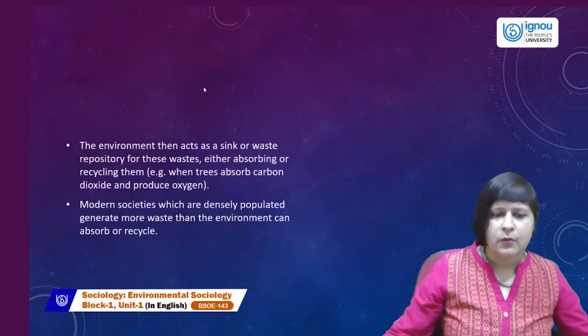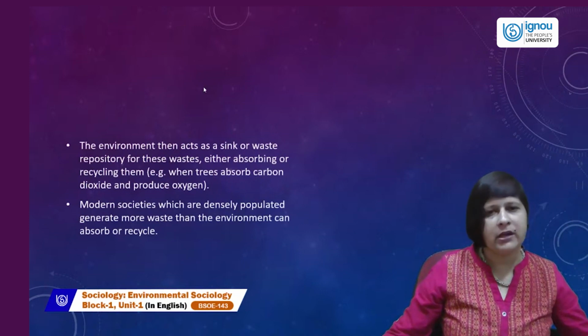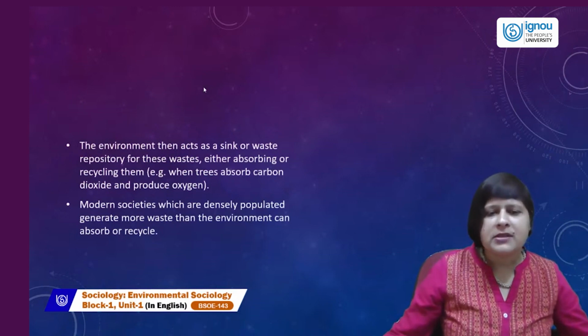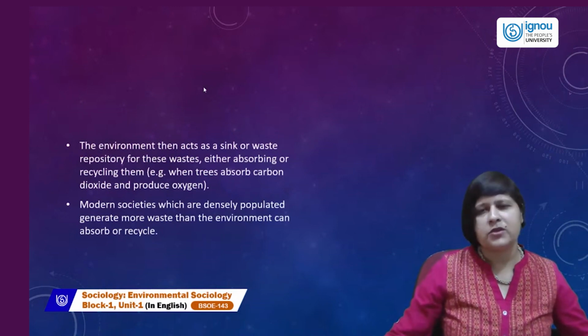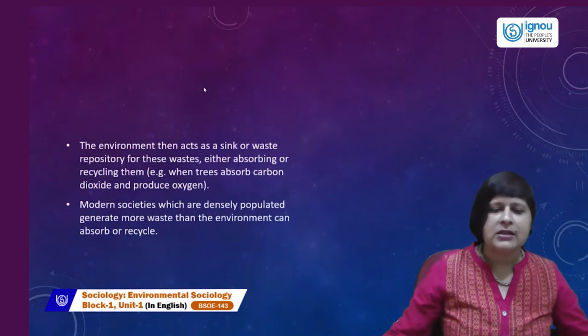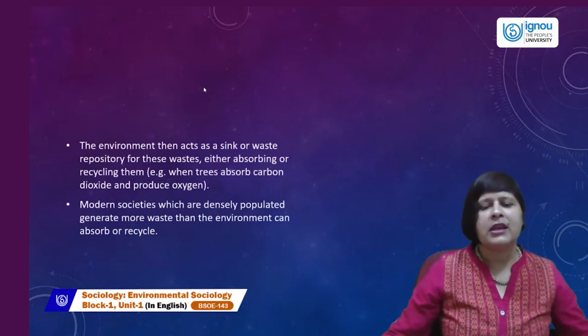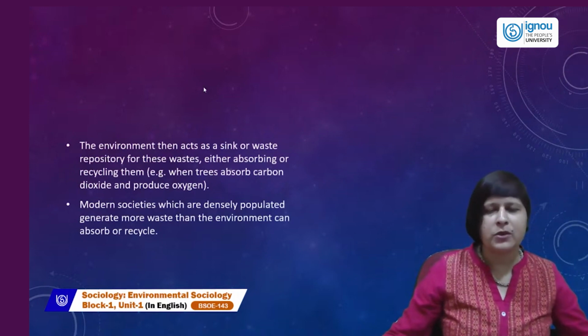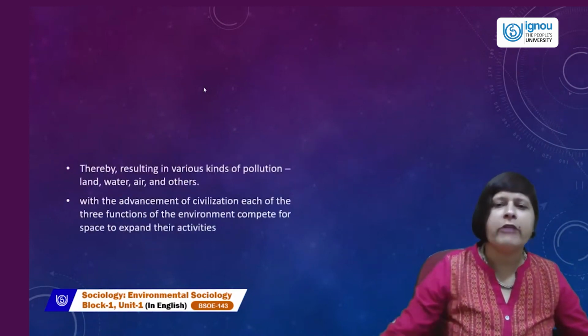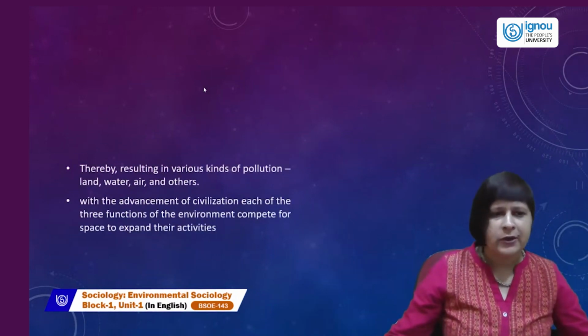Modern societies, which are densely populated, generate more waste than the environment can absorb or cycle. See, the environment has the capacity to absorb or recycle waste, but when societies generate more waste than the environment can absorb or recycle, this results in pollution and other environmental problems, right?